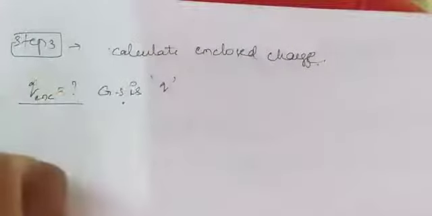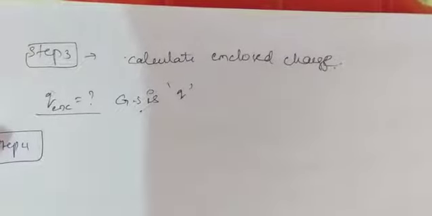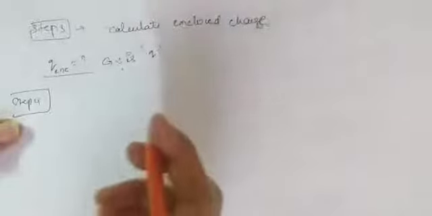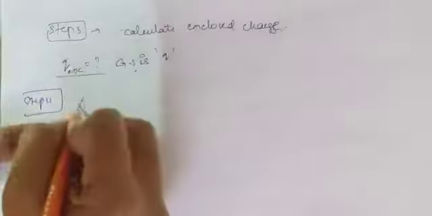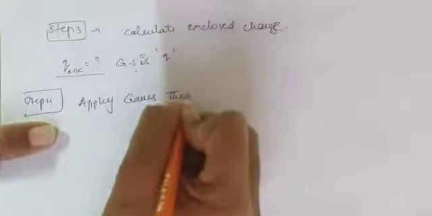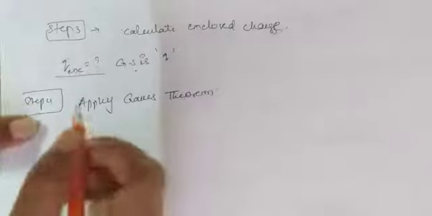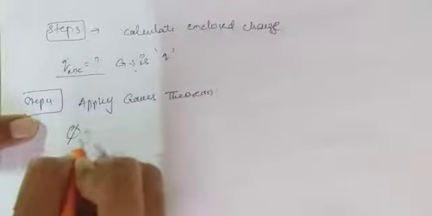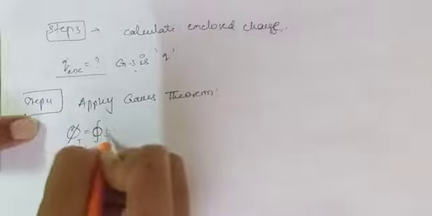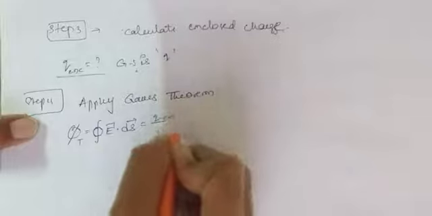Now step 4. The fourth step is to apply Gauss theorem. By substituting the values, the total flux, which is the integration over the closed surface of E bar dot ds bar, is equal to Q enclosed by epsilon naught.